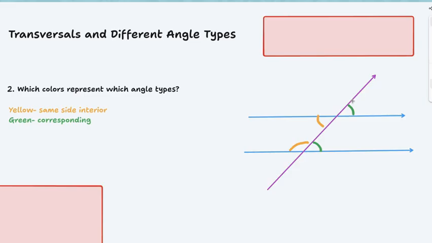If you look carefully, one of them is like this. It's creating this shape and it's on the right side and top of the line. And the same thing goes here. You go down, draw a right line. It's on the top and the right side of the line. So these two are corresponding, and as you can tell, they also look very similar.